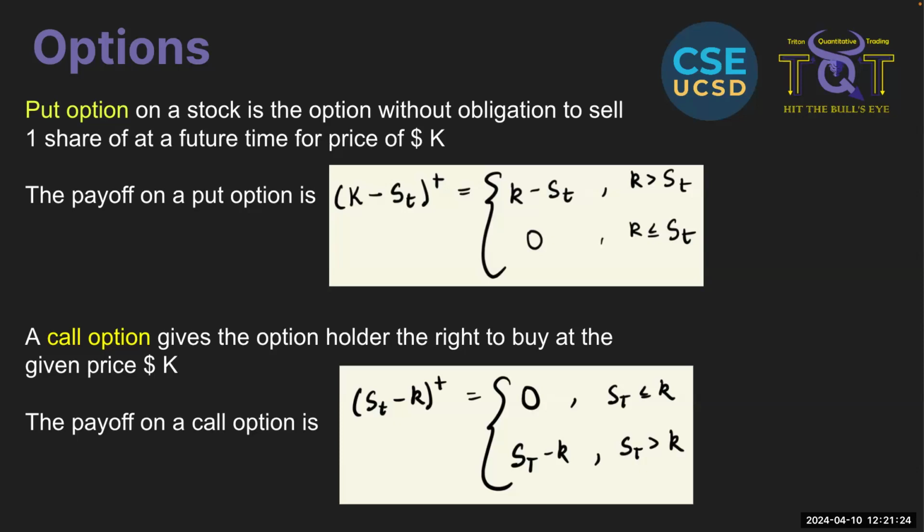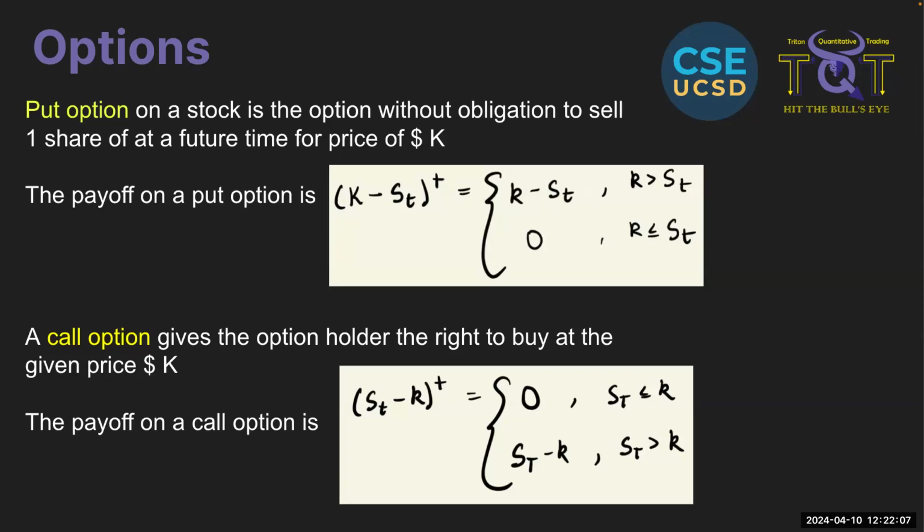And a call option is the opposite of a put option, basically when you have the right to buy at the given price, which is the strike price. For a put option, it was K minus the stock price, but for a call option, it is the stock price minus the strike price, ST minus K. So if we take the same example, a call option where the current stock price is $100 and the strike price is $90, then it would be ST minus K, so 100 minus 90.